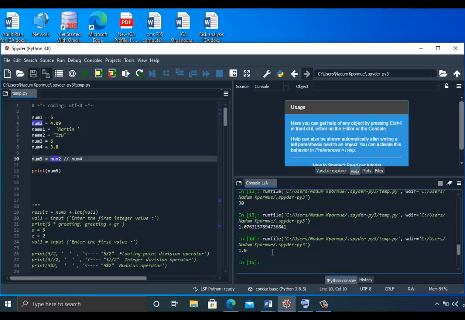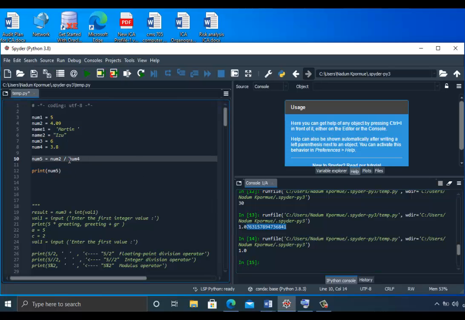Your result will not be correct, because this operator is supposed to be used with just integers only. So the operator has ended up truncating these other decimal places. Hope we can see the difference.